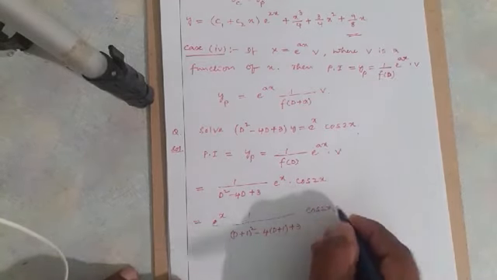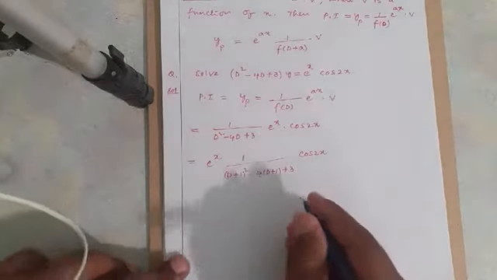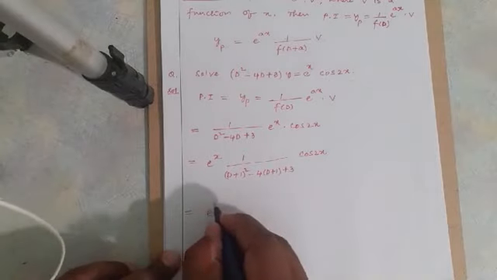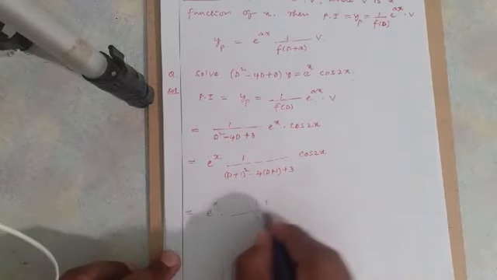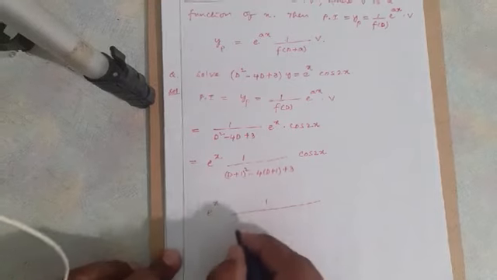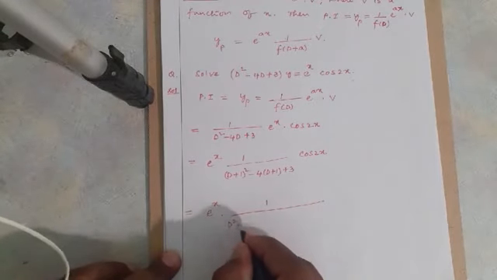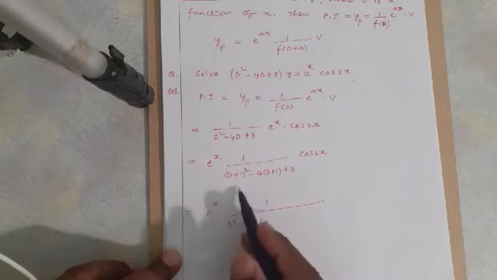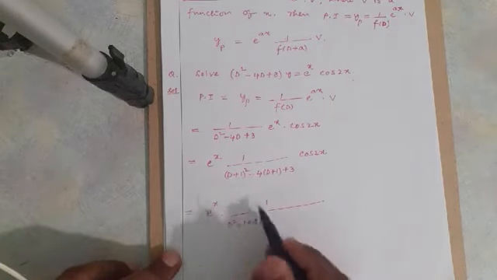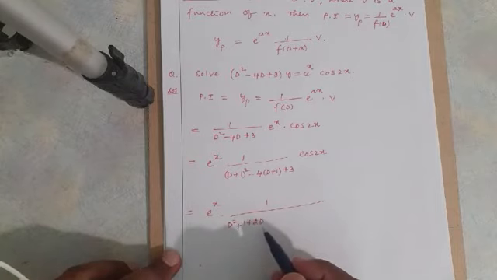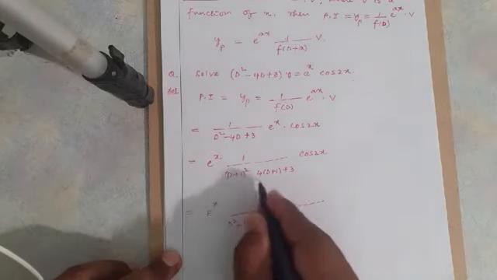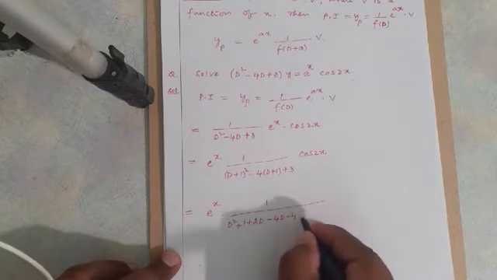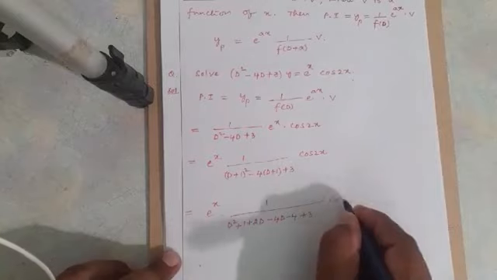Then we expand the denominator: e power x into 1 upon, a plus b whole square becomes a square plus b square plus 2ab. A square is D square, b square is 1 square, plus 2 into 1 into D, minus 4 multiplied with D plus 1, that becomes minus 4D minus 4, plus 3, into cos 2x.